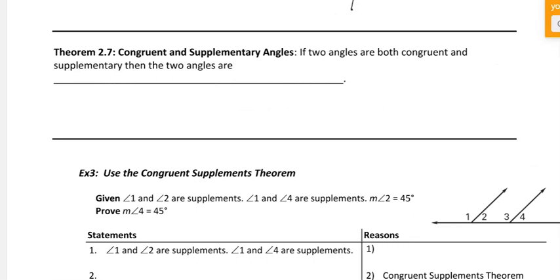Congruent and supplementary angles. If two angles are both congruent and supplementary, then they have to be what? Think about this. If we know that measure of angle 1 plus measure of angle 2 equals 180, and measure of angle 1 equals measure of angle 2 because they're congruent, what is the only way they can add to be 180 and be congruent?